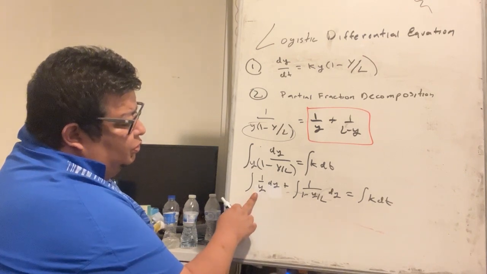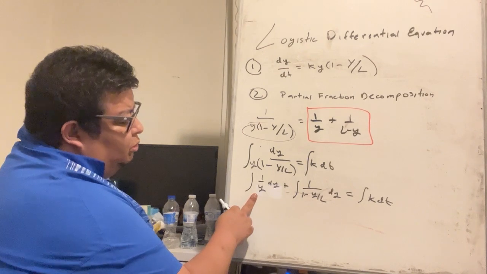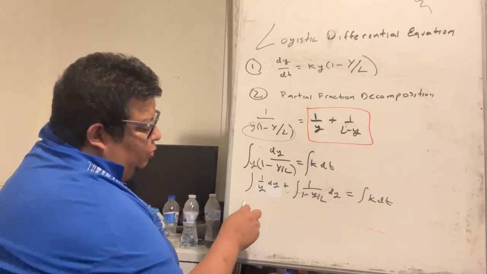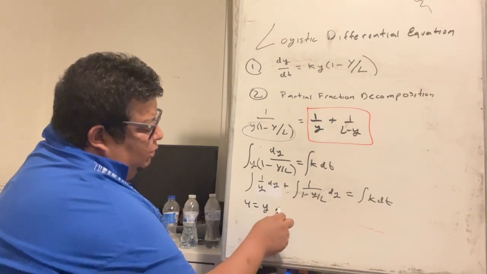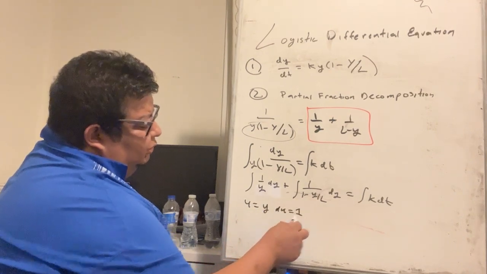Here we can use the u substitution. We let u equal y and then du equals dy.